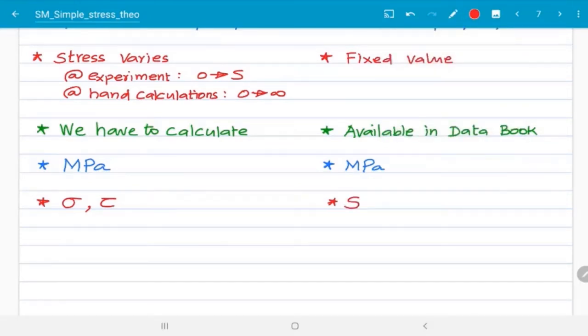Next point, already you studied: how many types of stresses are available? Seven, very good.